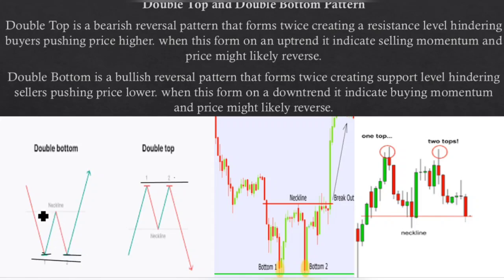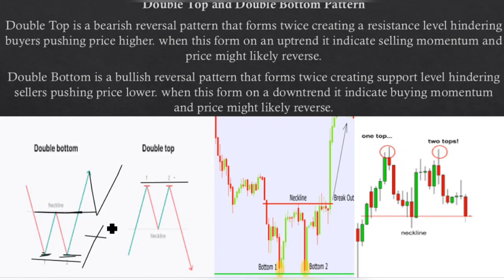Now we also have a neckline. What we then do is wait for price to create the first bottom and create the second bottom. We expect that price will likely go for the neckline, and once price breaks the neckline, we expect price to trade back down to the neckline, and from there we can look for an entry to continue going up, indicating bullish momentum.